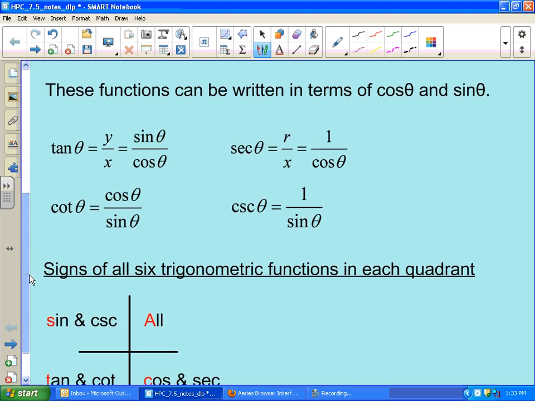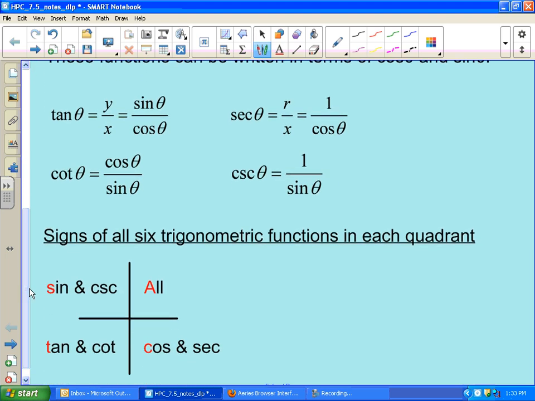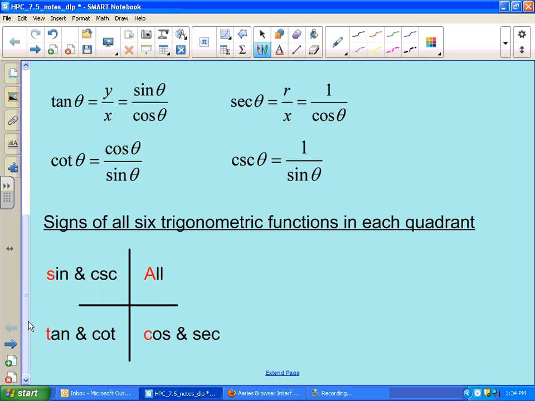All right, like I said, a lot of information. What about our All Students Take Calculus acronym to remind us where the functions are positive? Since sine and cosecant are related to one another reciprocally, that means cosecant is positive in the same place where sines are positive.